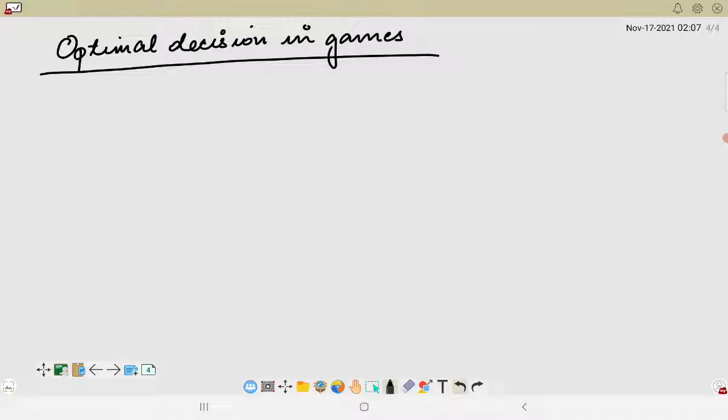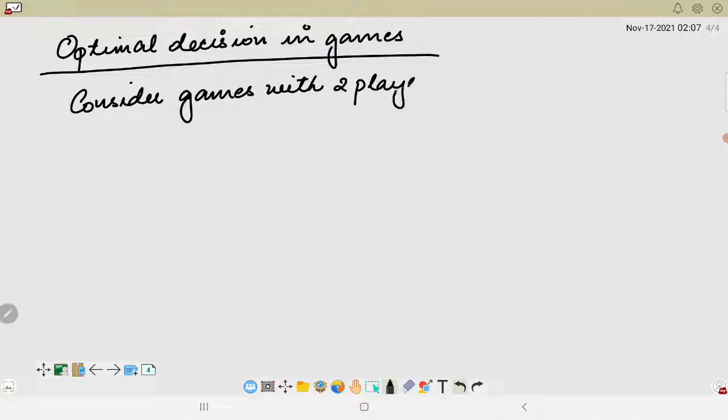So we will be considering games with two players. Essentially the first player we call the max player, and the second player we call the min player. We will look into this max player and min player when we do this algorithm. But first we have to understand that max always moves first.